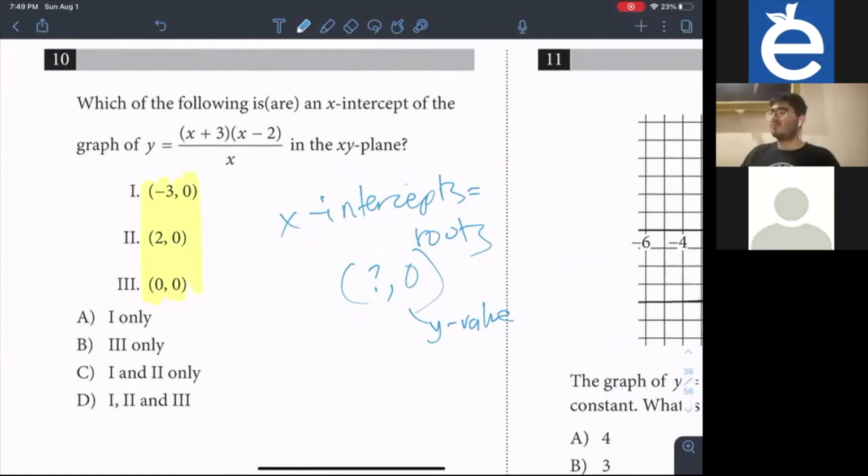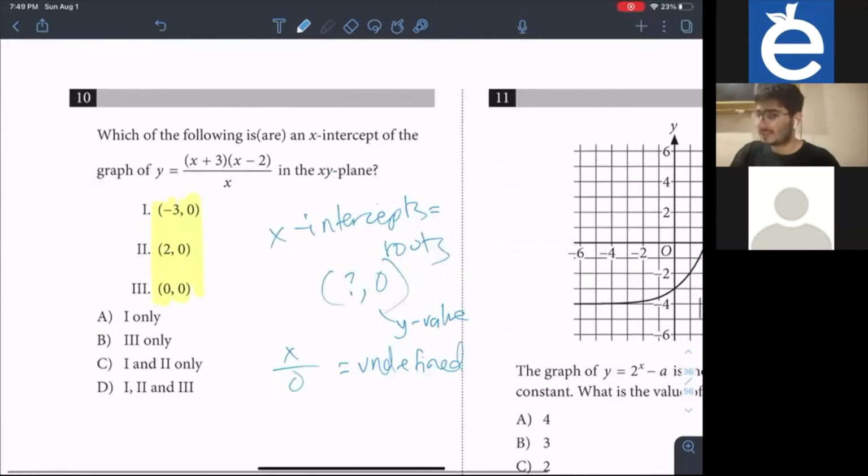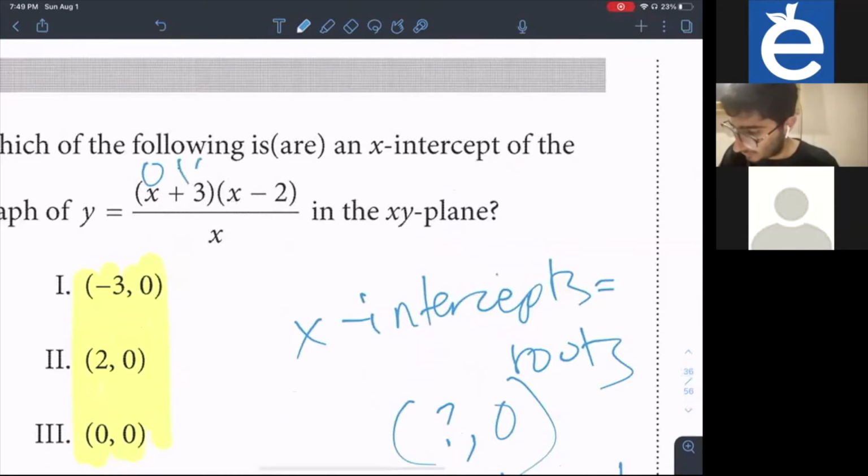Now, for the roots, since this is in fraction form, we know that the denominator cannot be 0, because anything over 0 is undefined, which cannot exist in math. So if it's over 0, we know that's not an answer. Option 3 is saying x is 0. If we plug in 0 here, 0 plus 3, 0 minus 2 over 0, that cannot happen because it would be undefined.